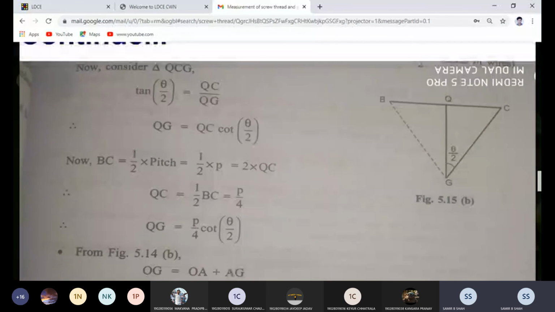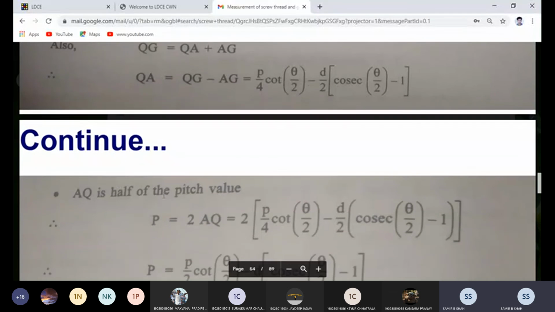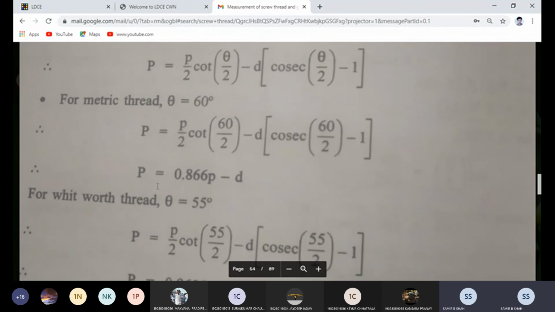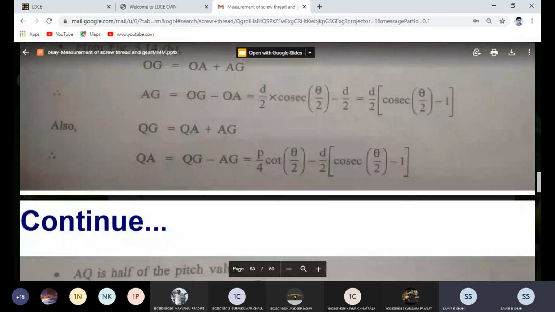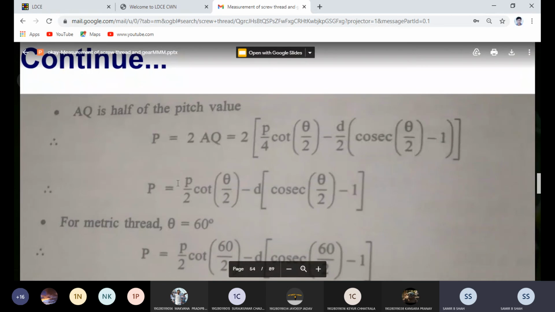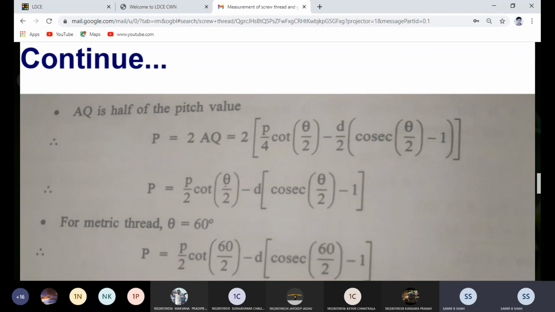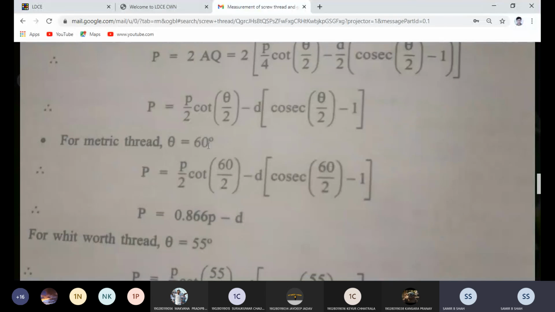Initially we find all things here, how we have to find P. So for that we are just finding AQ. We are focused on AQ. So put the value of AQ in the equation and we find the value of P.